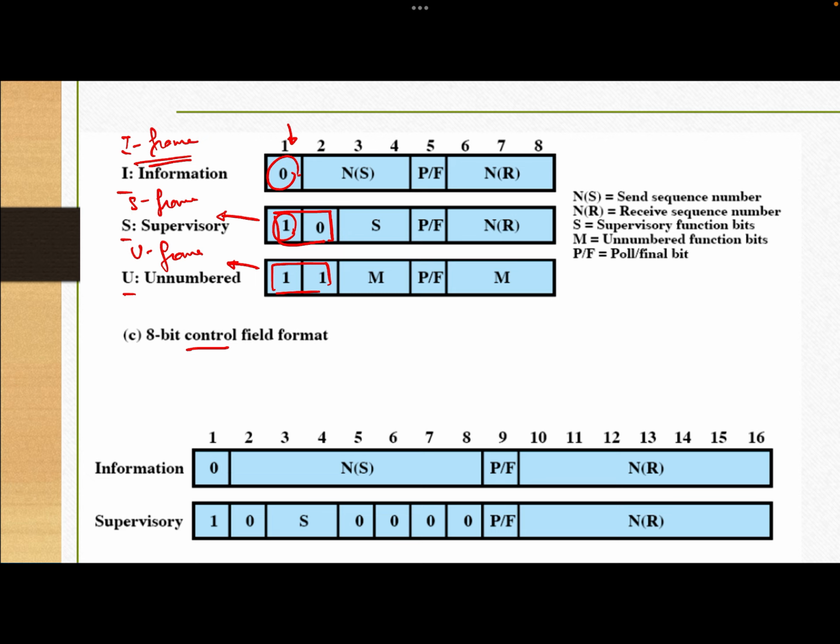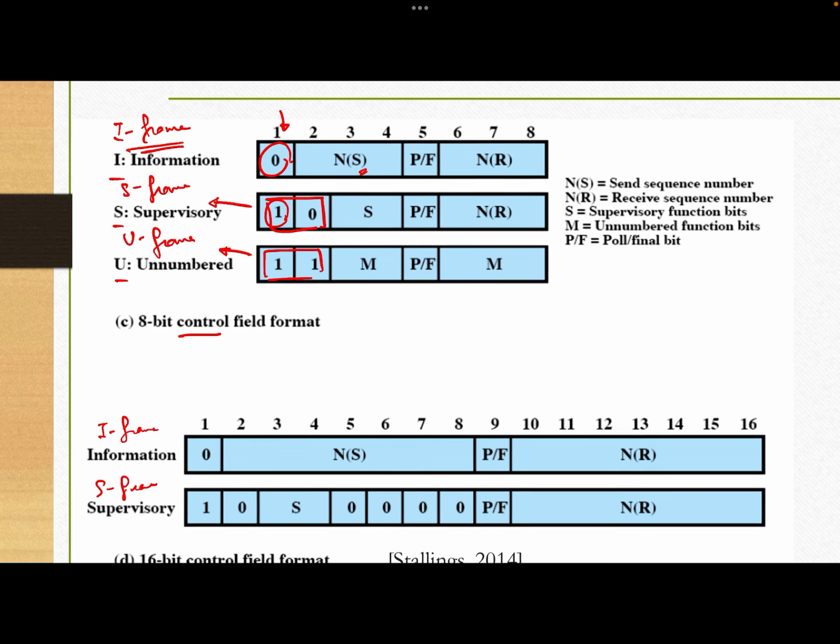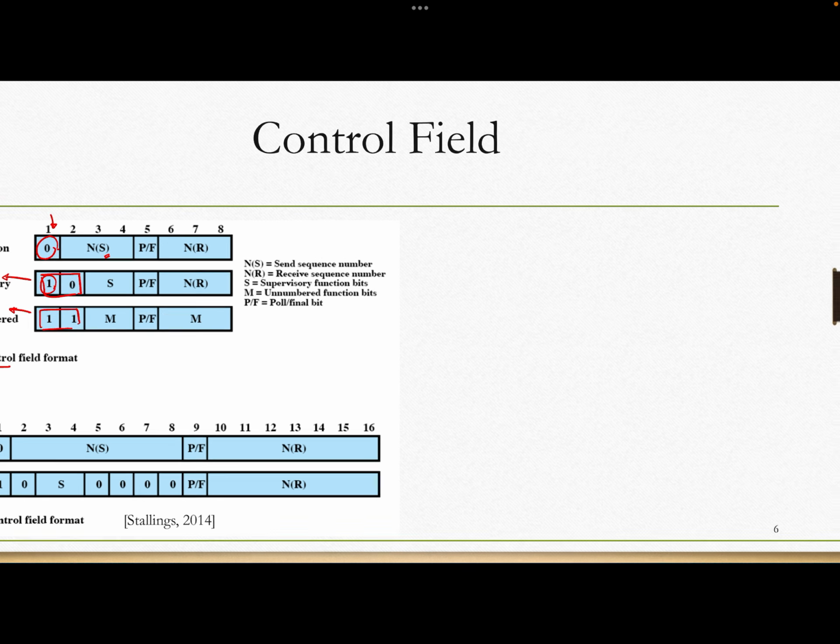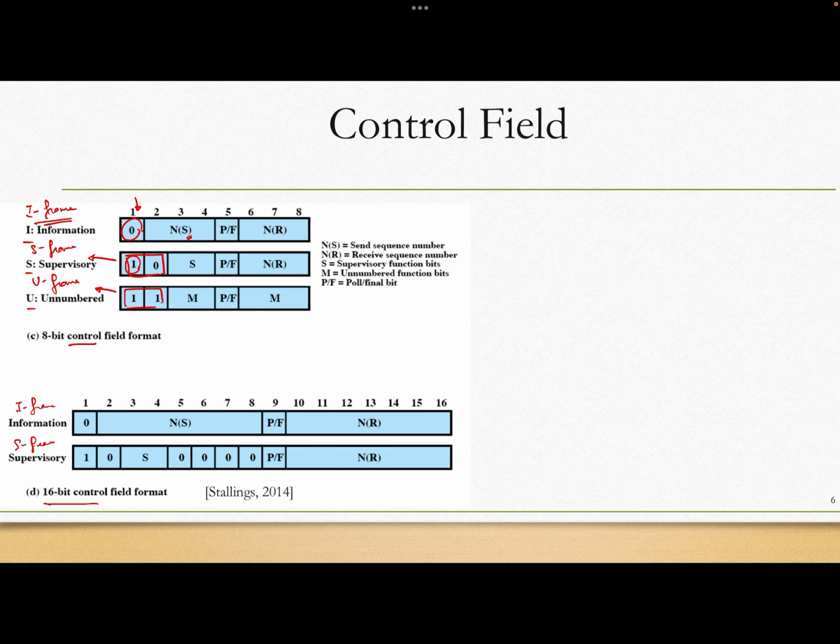Now, NS is the send sequence number. You can see that we also have the I frame here and the S frame here. This is the 16-bit control, so you have 8-bit control and 16-bit control. The difference is the size of NS.